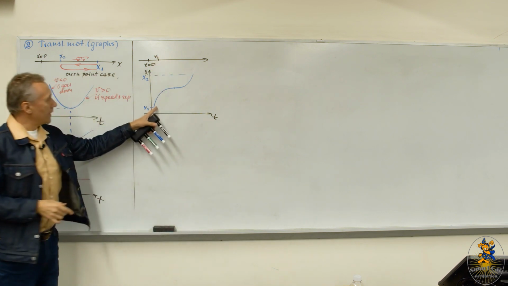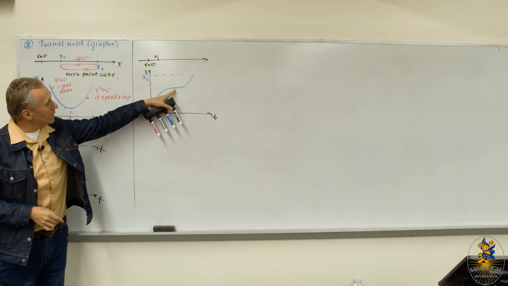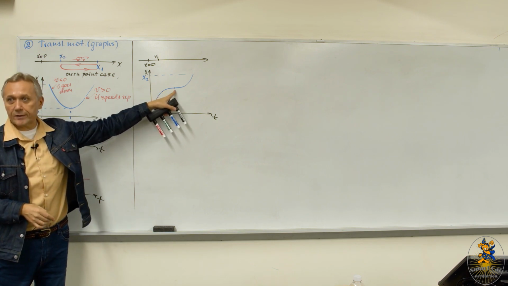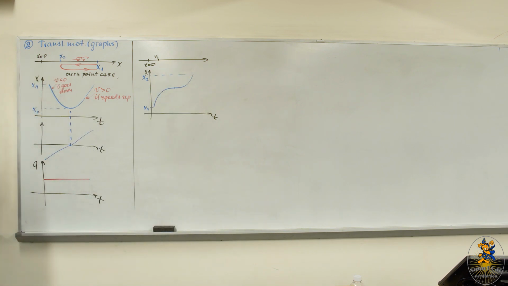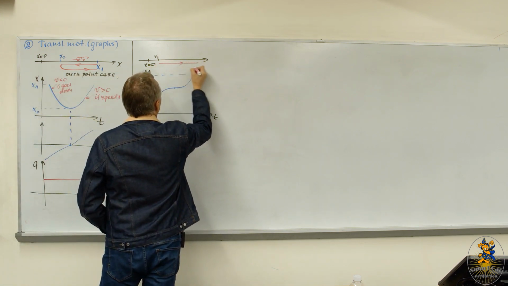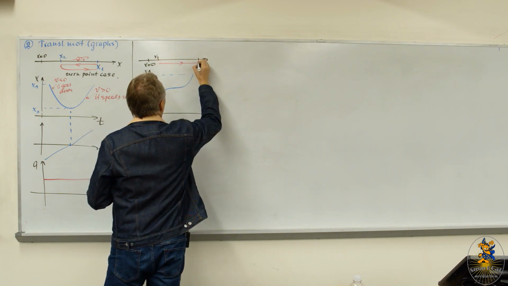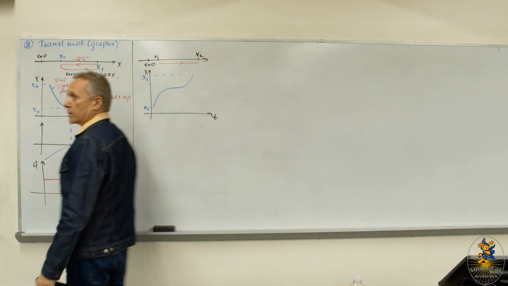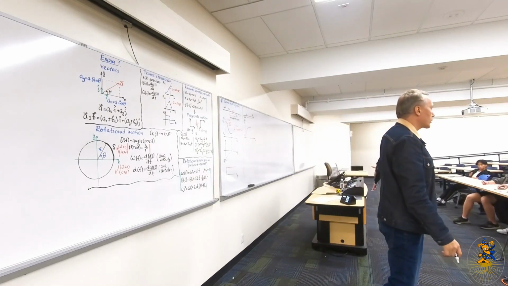Then x increases. For a moment it stops increasing, but then it continues increasing still. So it will be a motion like this, from point x1 to the point x2.